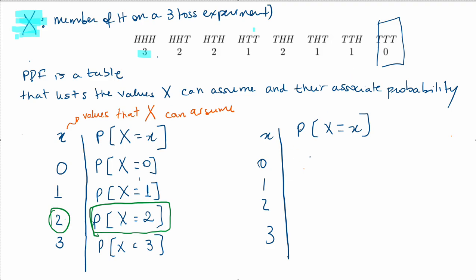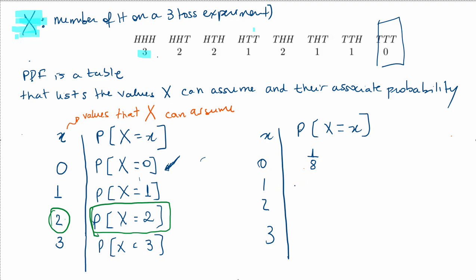You have one experiment that interests you over 8 possible experiments. So in the end of the day, asking P of x equals 0 is actually the same thing as asking the probability of having tails, tails, tails in a 3-toss experiment, right?